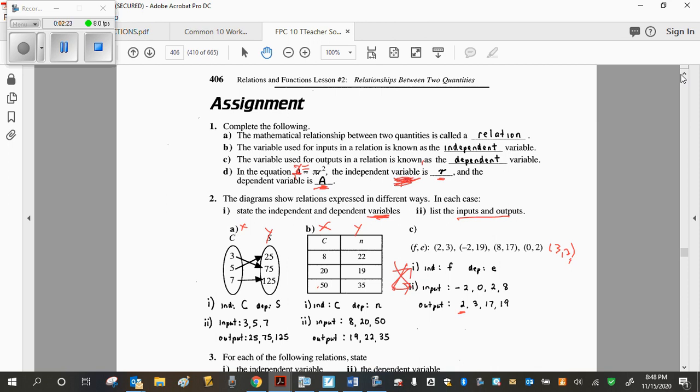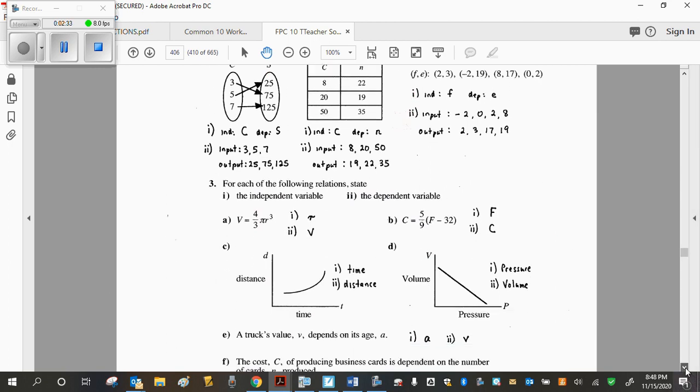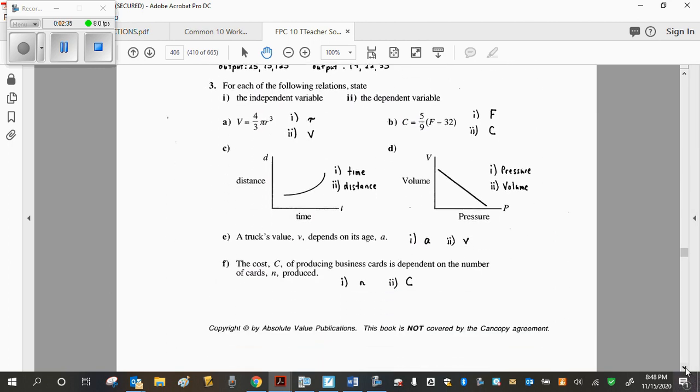All right, go ahead and go to the top of page 8. And I think you just have one more question. So let's scroll down and correct it. There you go. Once again, a variable, 4/3 is a number. It has nothing to do with a variable. Pi is a number, is not a variable.